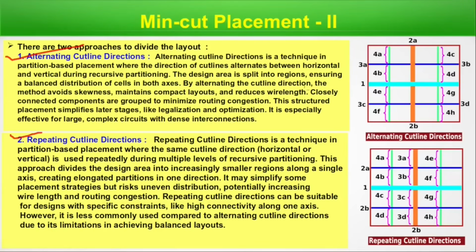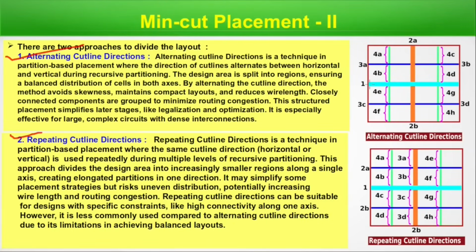By alternating the cut line direction, the method avoids skewness, maintains a compact layout, and reduces wire length. Closely connected components are grouped to minimize routing congestion. This structured placement simplifies later stages like legalization and optimization. It's especially effective for large complex circuits with dense interconnection.